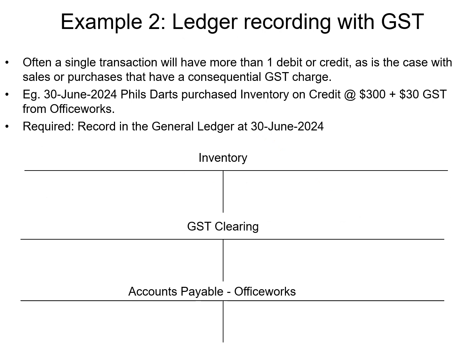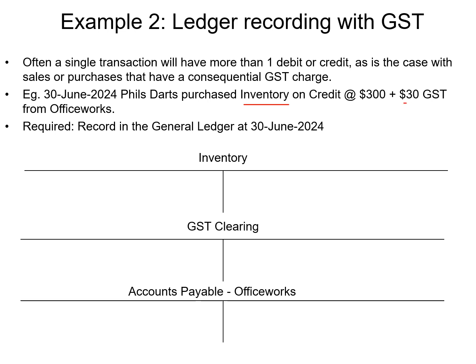Let's bring GST into the mix. I said before that every transaction will have at least a twofold effect. So when we throw GST in the equation, we'll have an odd number of accounts affected. So here we've got the owner has purchased some inventory on credit. So therefore that's impacting our inventory account.